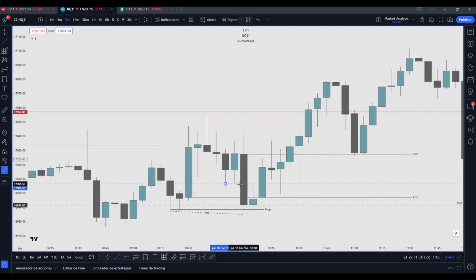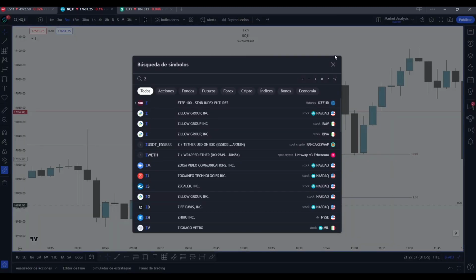So you can see here low, lower low, high, and higher high all the way till here.